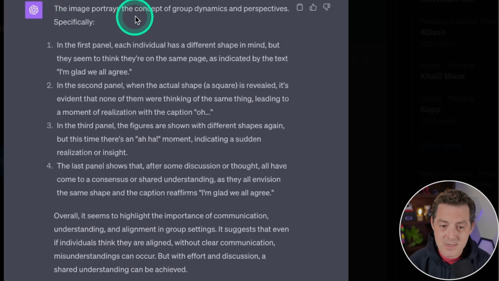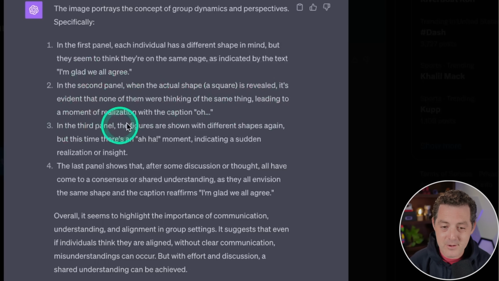The image portrays the concept of group dynamics and perspective. Specifically, in the first panel, each individual has a different shape in mind, but they seem to think they're all on the same page, as indicated by the text, "I'm glad we all agree." In the second panel, when the actual shape, a square, is revealed, it's evident that none of them were thinking the same thing, leading to a moment of realization.